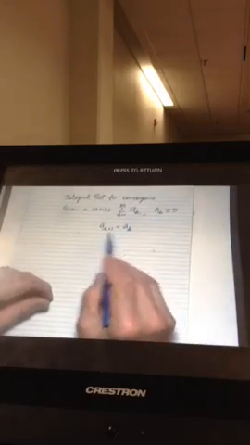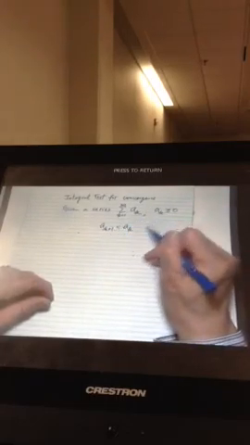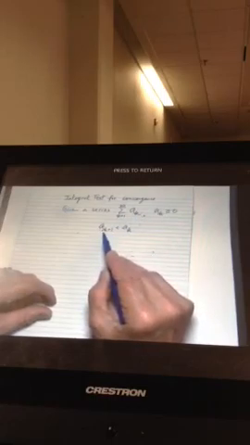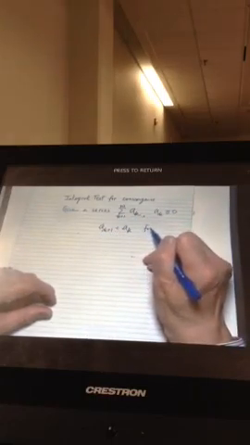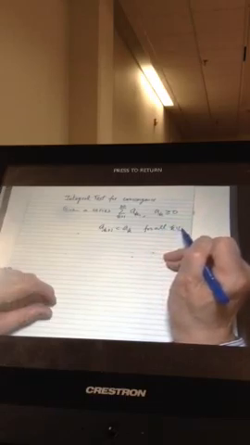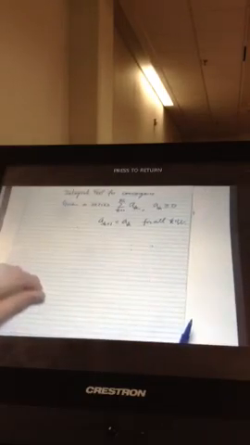So each term is positive, but the terms are decreasing. So when the index is bigger, the value is smaller. Okay? So suppose I have this.